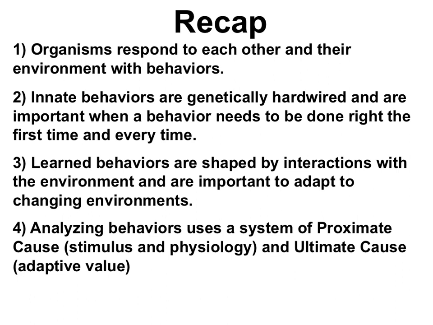Learned behaviors, however, are shaped by the environment. They're important when organisms need to be able to adapt to changing environments. Finally, analyzing behaviors uses a system of analyzing proximate causation, which are the stimuli and the physiology, and ultimate causation, which is the adaptive value or evolutionary advantage of the behavior.